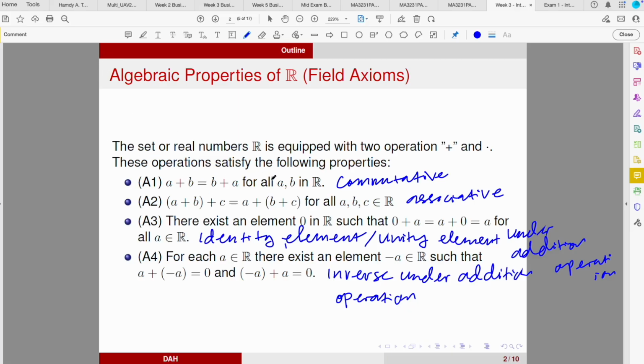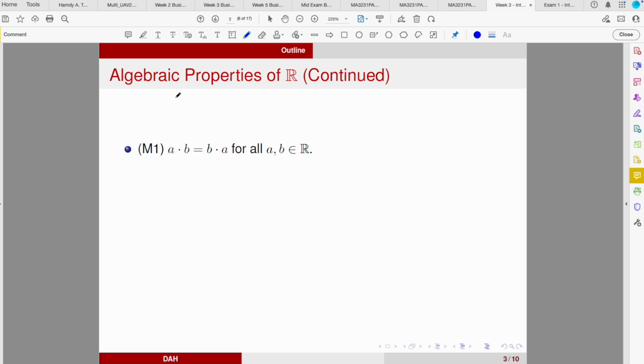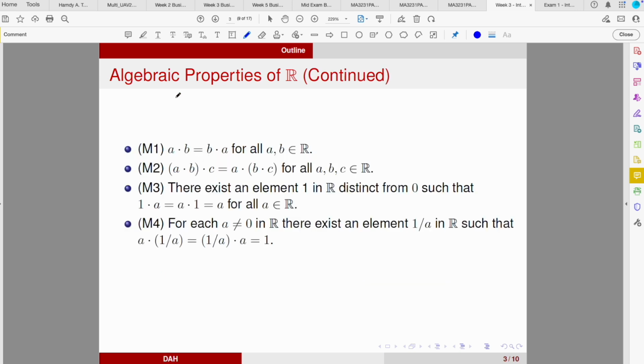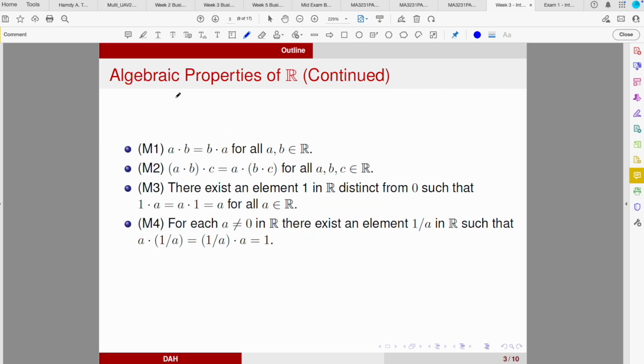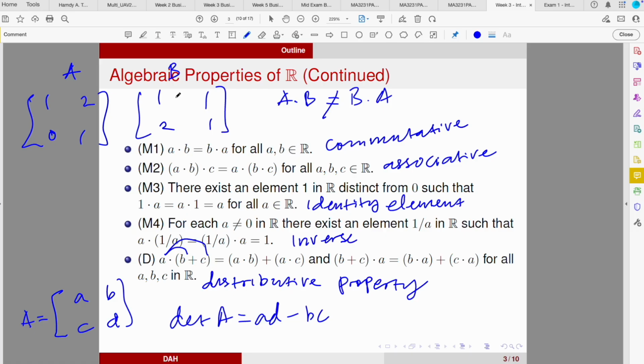If you add 2 real numbers, the result also belongs to the real numbers. If you multiply 2 real numbers, the result is also a real number. That is the closed property, but it is obvious, or assumed to be true for the real numbers.